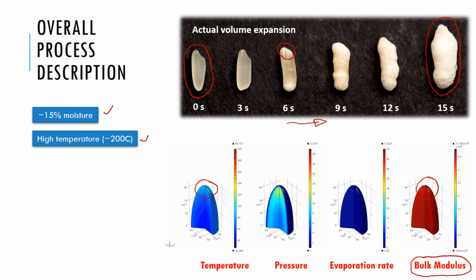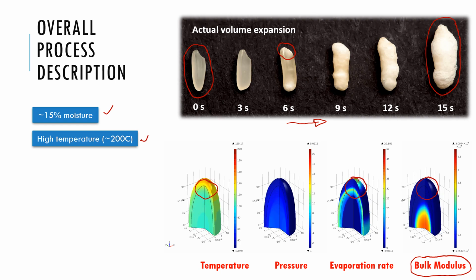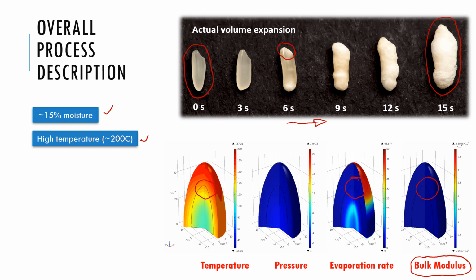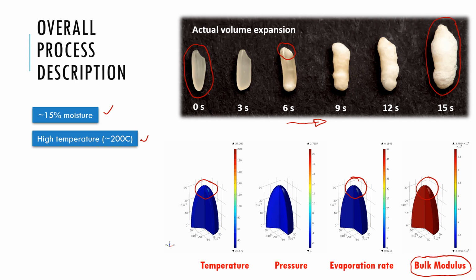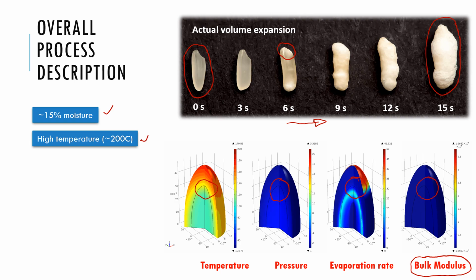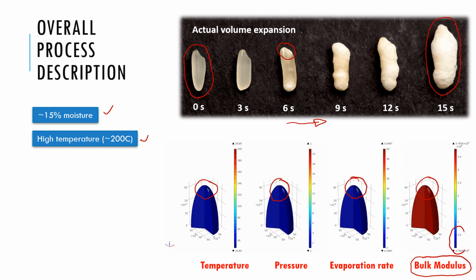Also, as the temperature increases, we have evaporation happening, and that generates the pressure. In a second I will show. Here you can see pressures developing, and that pressure now pushes this softer material, so material having a lower modulus. So that is the overall description of puffing.